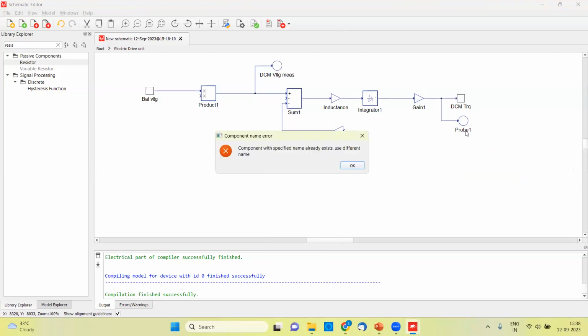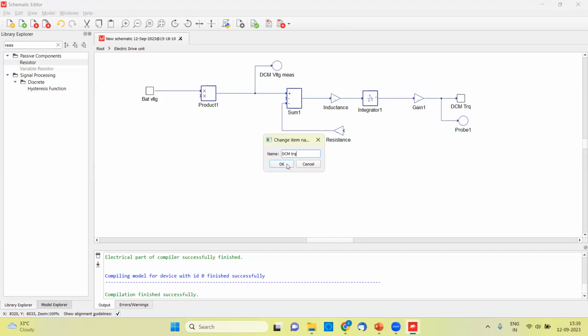As you can see, it is showing some error that this component name is already specified. Just to show you all, we cannot have two names in the same manner in any model. I have already named it as DCM torque. I cannot use the same name again for any of the components in this model. So either I can make a small change, like here instead of capital T, I'm using small t.